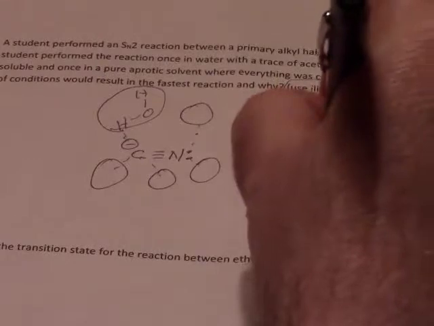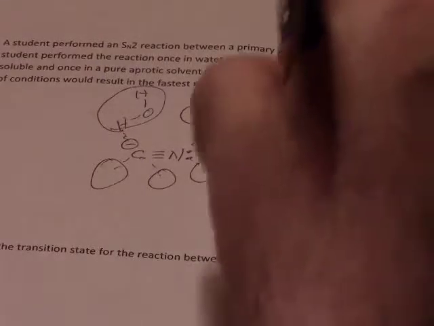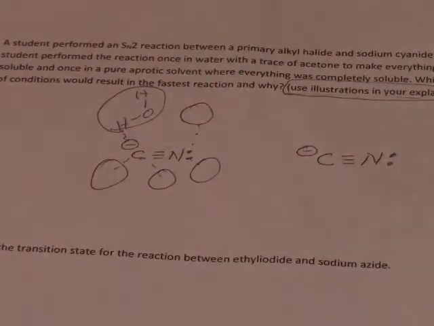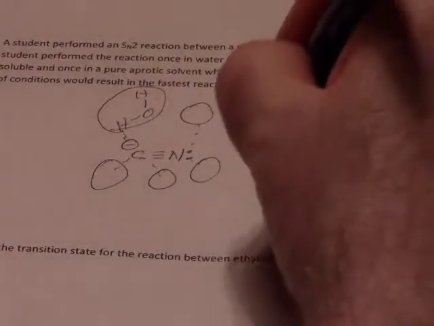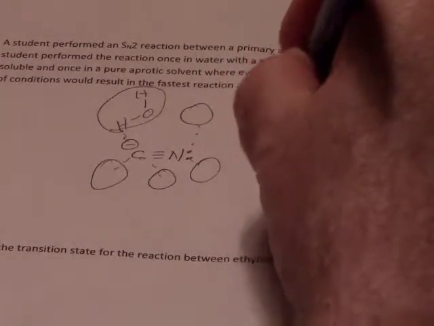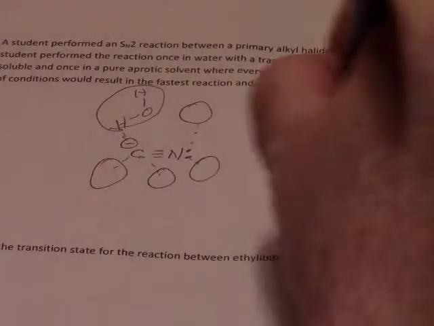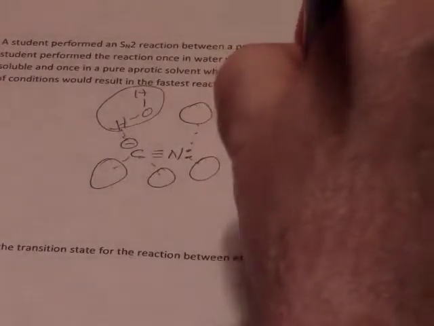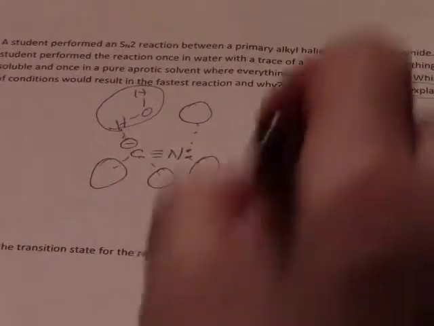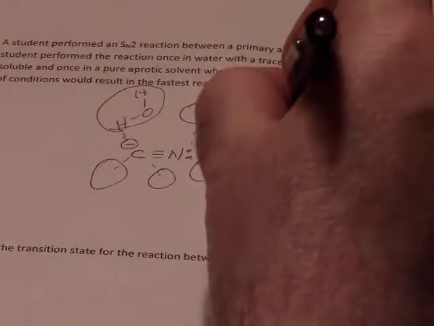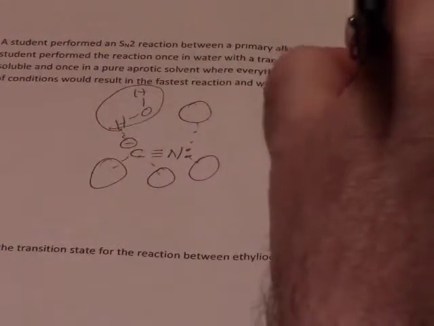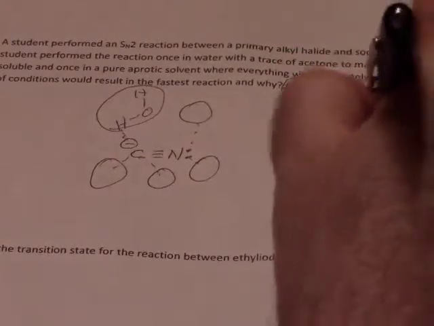However, in a polar aprotic solvent, some of you used DMSO, some of you used acetone. It doesn't really matter. But in a polar aprotic solvent, like I'm going to just use acetone, we will again use a circle to describe this. There are ion dipole interactions that are solvating this particular molecule.